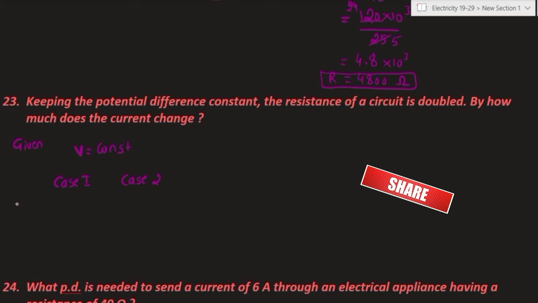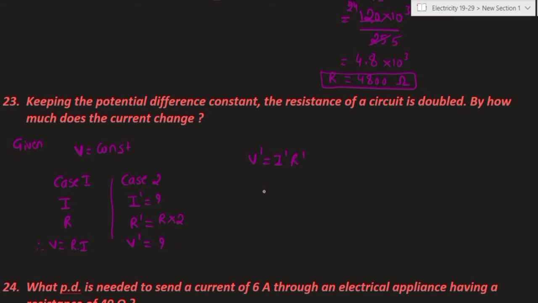In the first case, the electric current is I and the electrical resistance is R. Therefore, V is equal to R into I. In the second case, what is the change in the electric current? R dash is equal to R into 2, meaning the resistance is increased by 2 times. Therefore, V dash is equal to I dash into R dash.